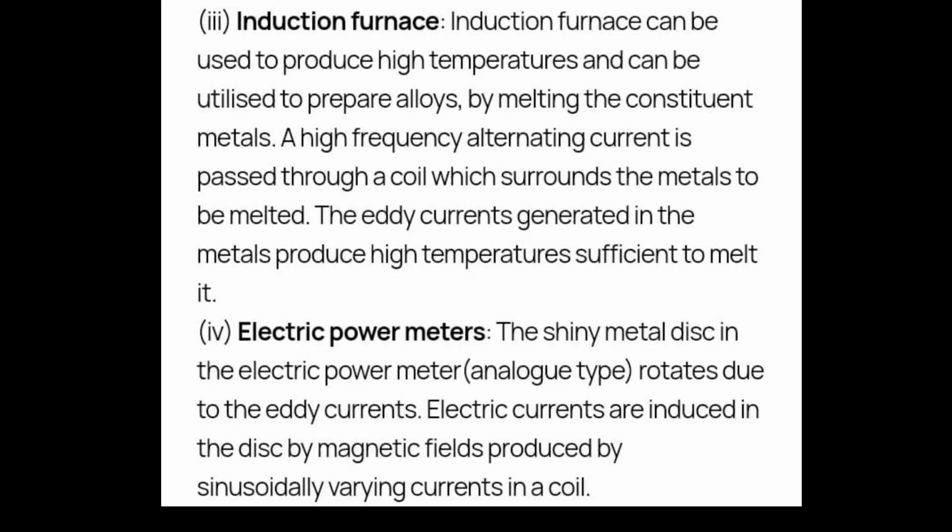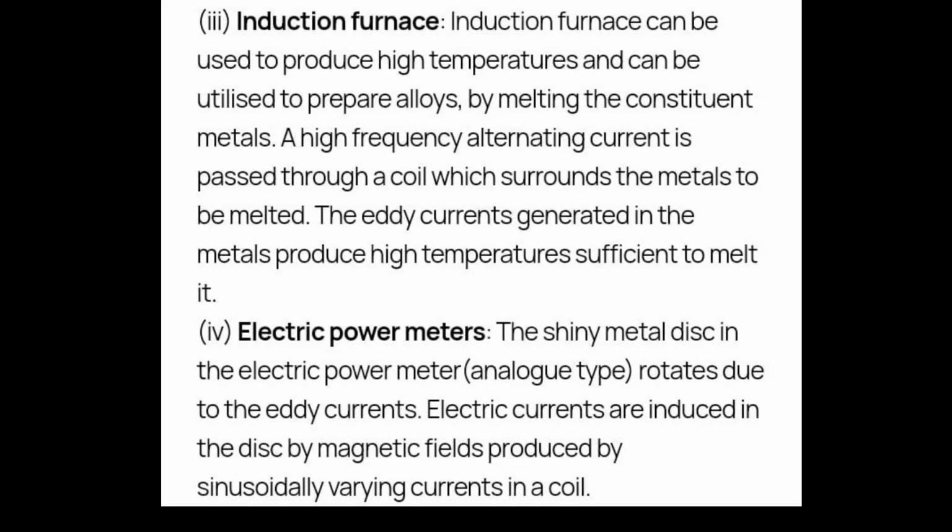Eddy currents are also useful in the case of the induction furnace. An induction furnace can be used to produce high temperatures and can be utilized to prepare alloys by melting the constituent metals. A high frequency alternating current is passed through a coil which surrounds the metal to be melted.